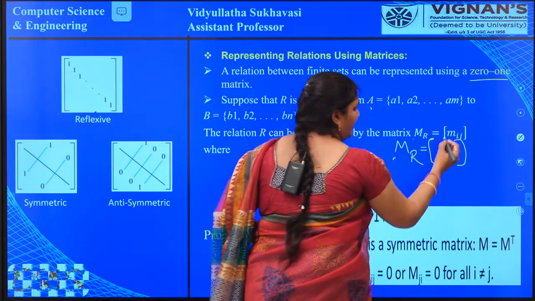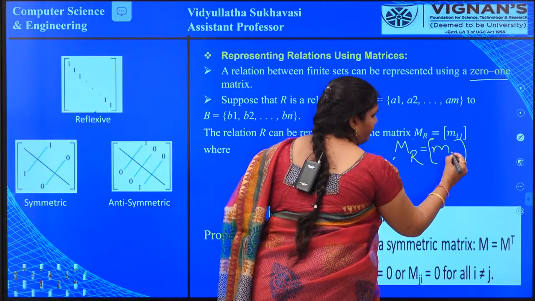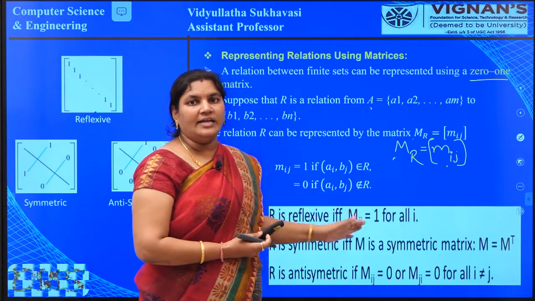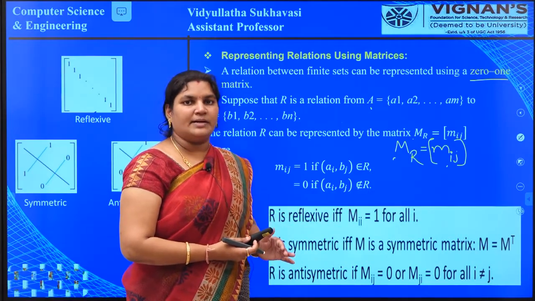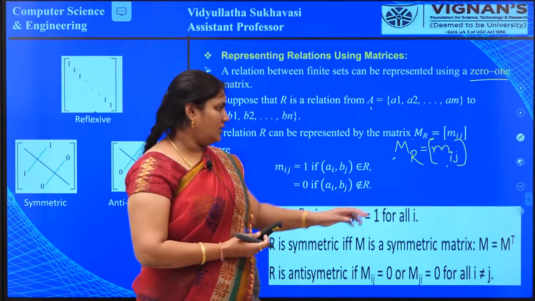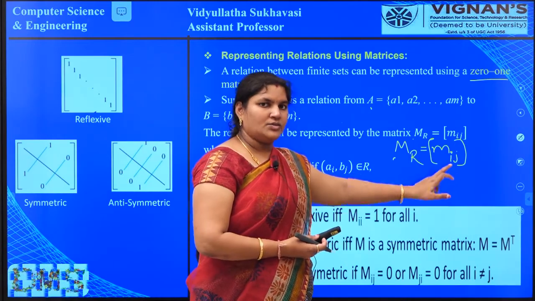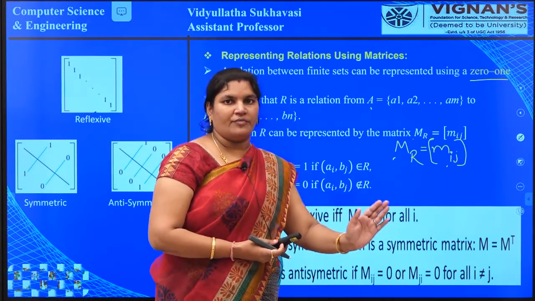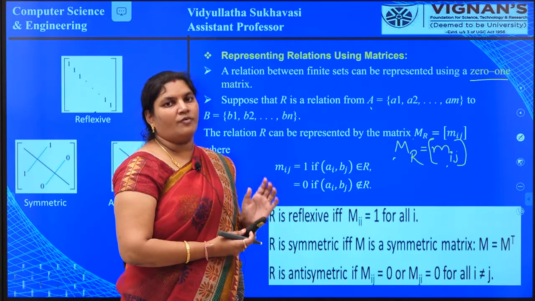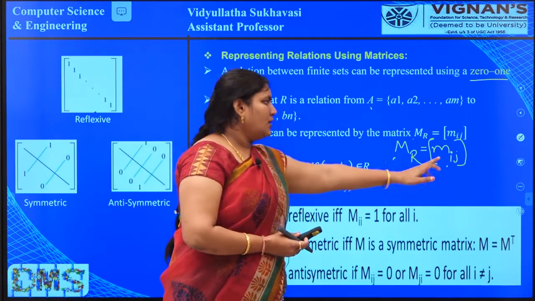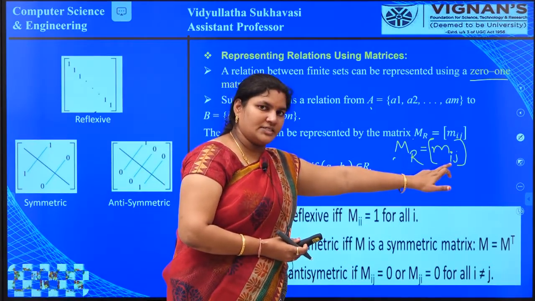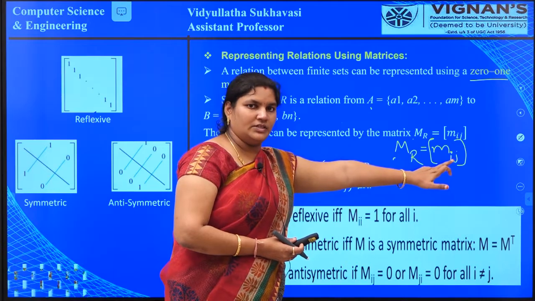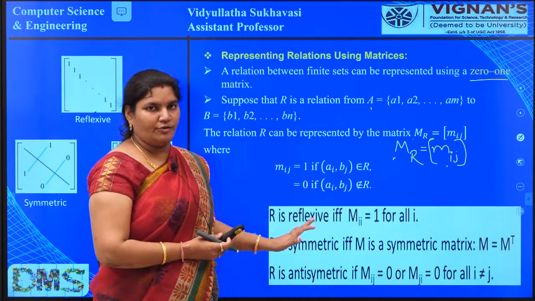Here the element will be represented as M-I-J, where I represents rows and J represents columns. Now we will see how we are going to represent it in the matrix, and what conditions we are going to follow.